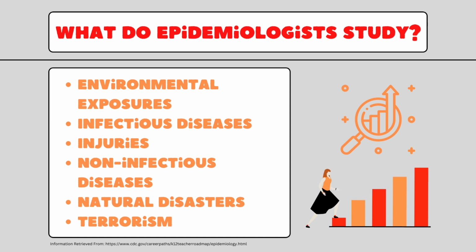This includes, but is not always limited to, environmental exposures such as air pollutants or asthma triggers, infectious diseases such as influenza, pneumonia, and foodborne illnesses, injuries such as surges in different types of health event or increased homicides in a certain area, as well as non-infectious diseases, which could be a particular type of cancer, having a spike in cases, or maybe an increase in birth defects in a certain area, as well as natural disasters such as different hurricanes, or even terrorism such as the World Trade Center in 2001 and anthrax.